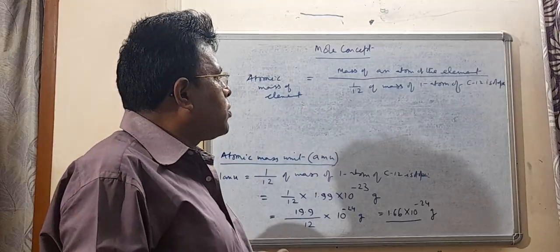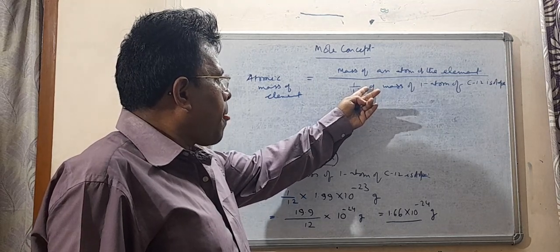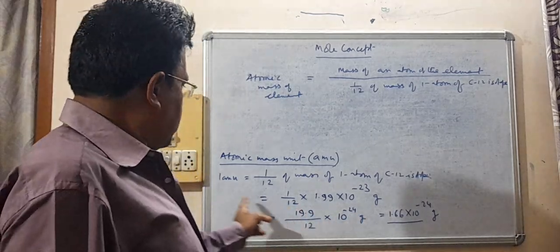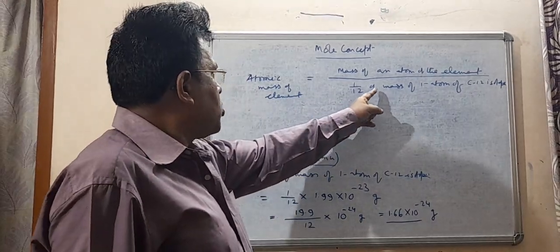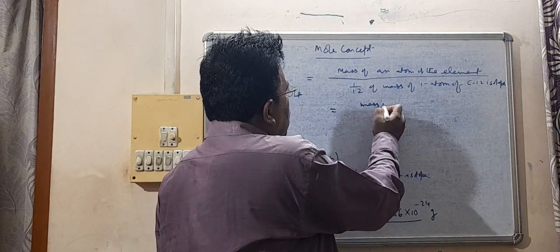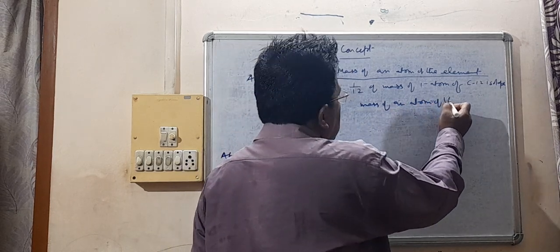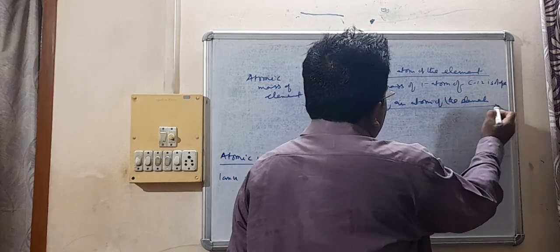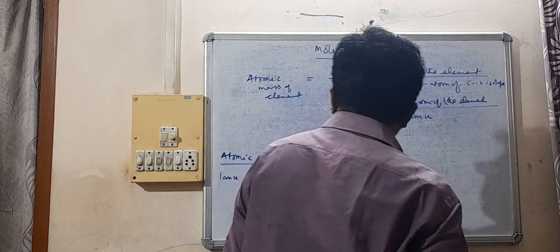So if you see the denominator here, you see denominator, this one, and you see AMU, same thing. Denominator and AMU, same thing. So if I write this one, mass of an atom of the element divided by 1 AMU.